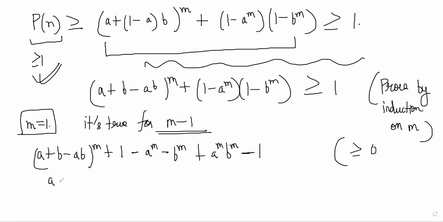So I'm getting (a + b - ab)^m - a^m - b^m + a^m b^m.